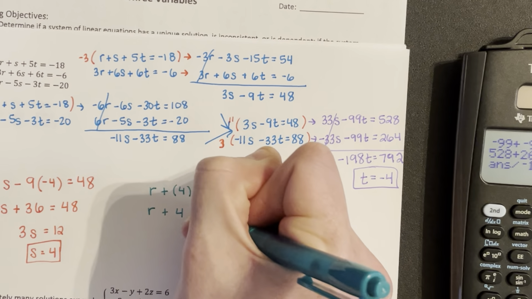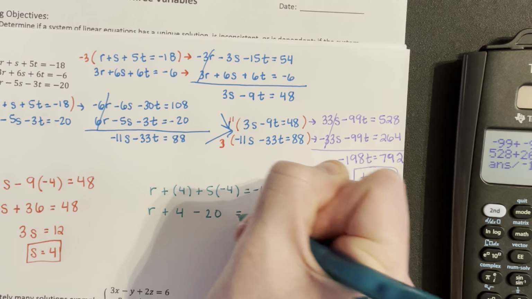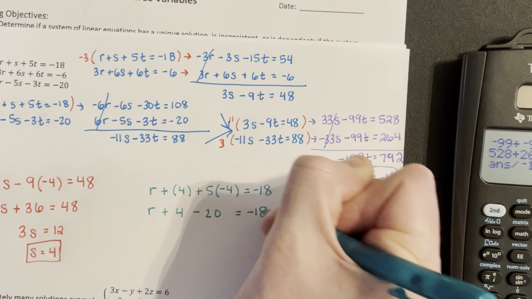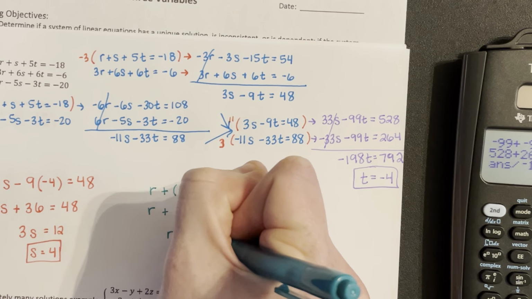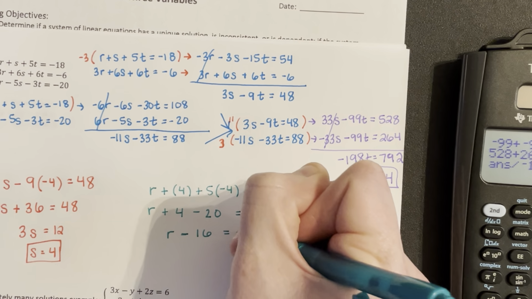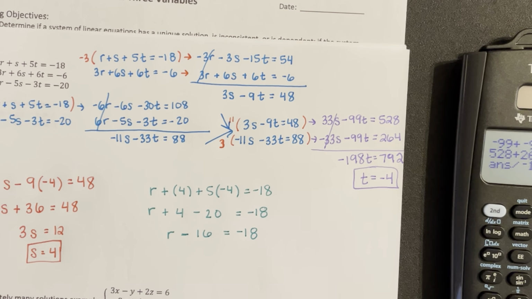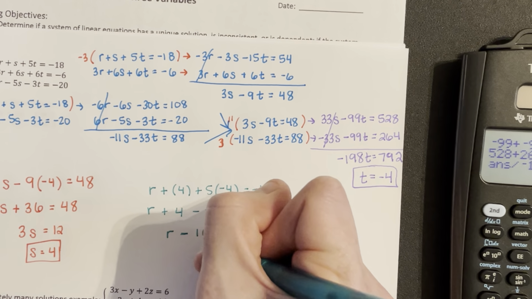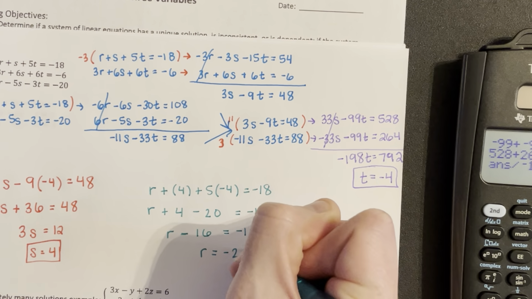So r plus 4 minus 20 equals negative 18. R minus 16 equals negative 18. And then we add 16 over to get negative 2 still.